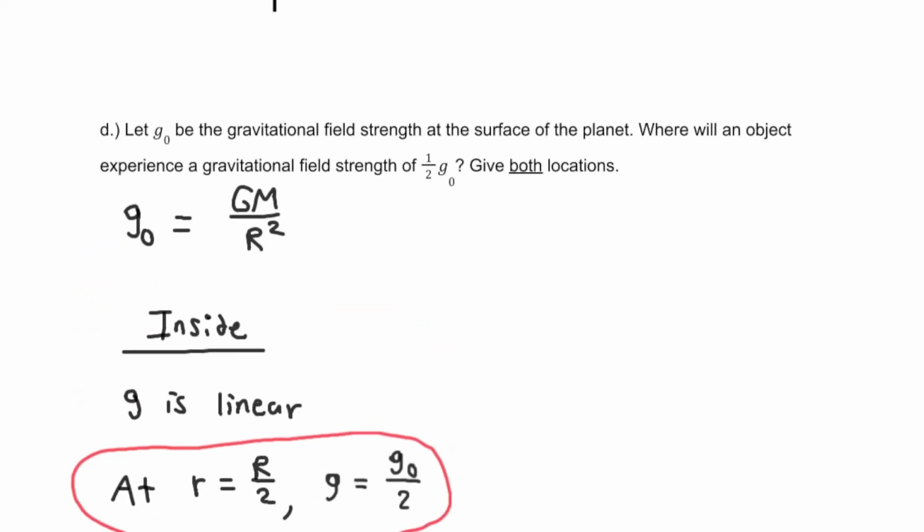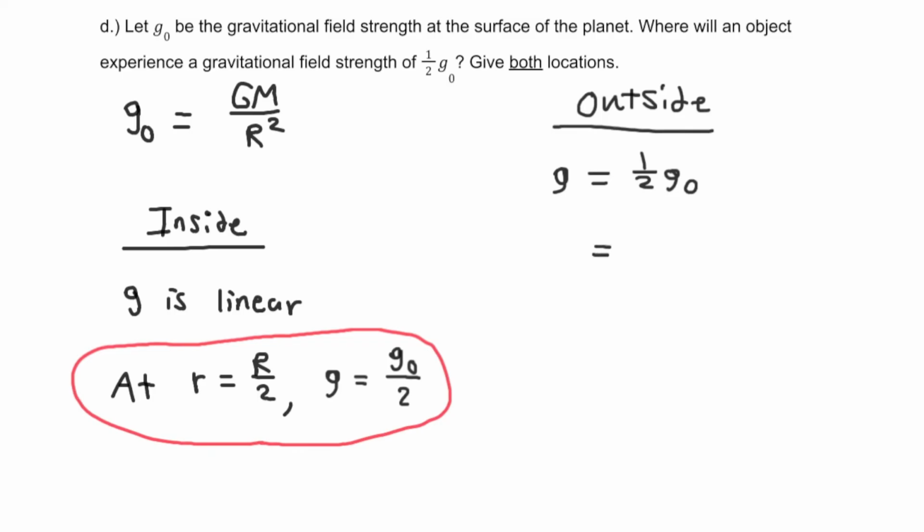But then outside, here's where we have to actually set up an equation. So outside, we want g to be equal to 1/2 of g naught. So we know that g is defined outside the planet to be GM divided by r squared, and g at the surface is GM divided by R of the planet squared.